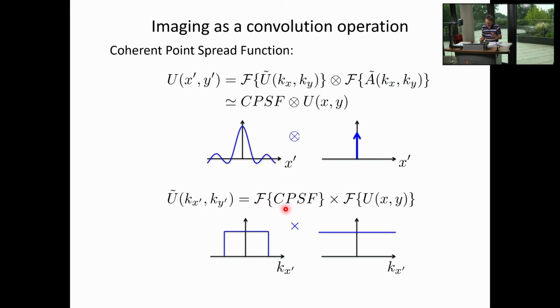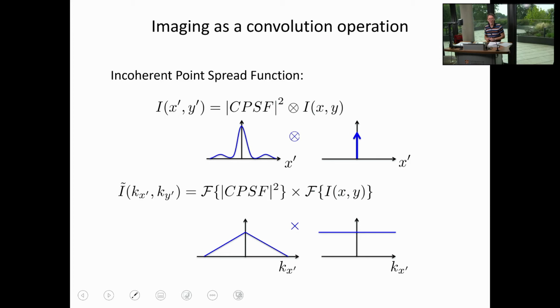So it's the Fourier transform of the CPSF squared. The Fourier transform of a product is a convolution of the Fourier transforms of the individual functions. And so if you have a rectangle convolved with a rectangle function, what does that give you? It gives you a triangle function.